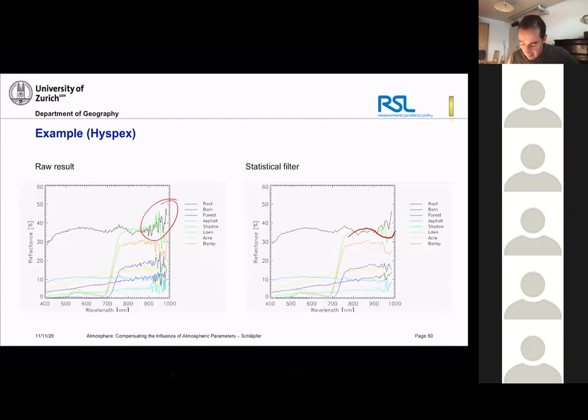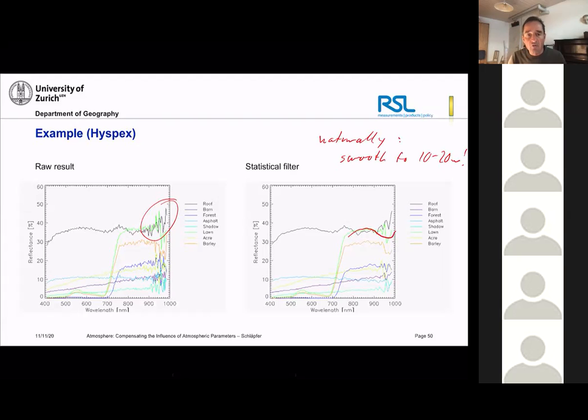So there shouldn't be any variations in a range of 5 or 10, below 10 nanometers. If you look at laboratory spectra of natural targets, they are always naturally smooth to 10 to 20 nanometers. So all natural spectra are in this range smooth.